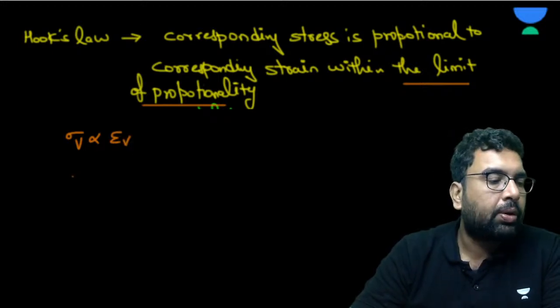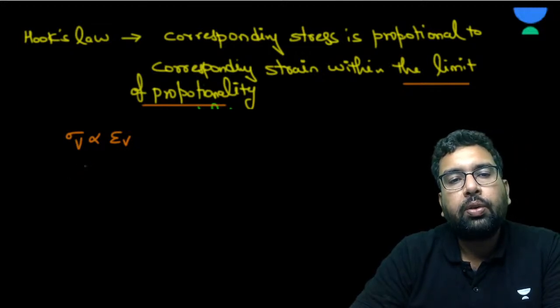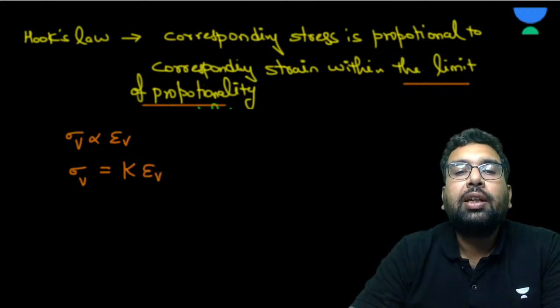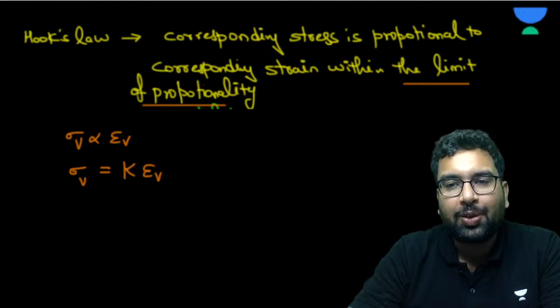Volumetric stress is proportional to what, beta? It is proportional to the volumetric strain. So when I let go of the sign of proportionality, I get the bulk modulus, right? You see this bulk modulus in fluids also, no? Because this volumetric stress has something to do with fluids also.